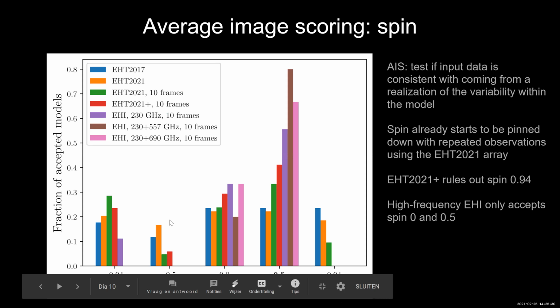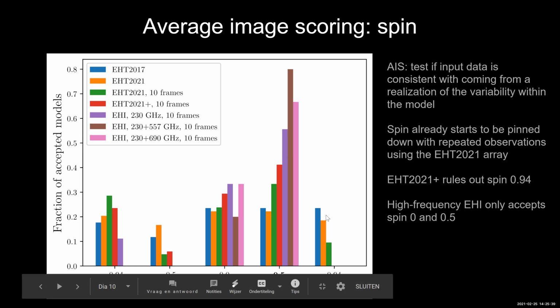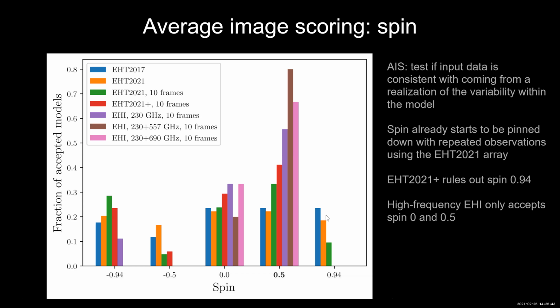And here you see, for a particular input model and for these VLBI arrays, for each spin, what fraction of the accepted models has this spin.